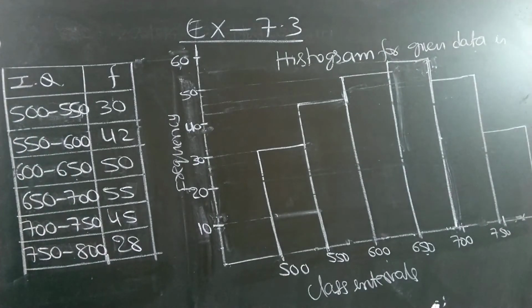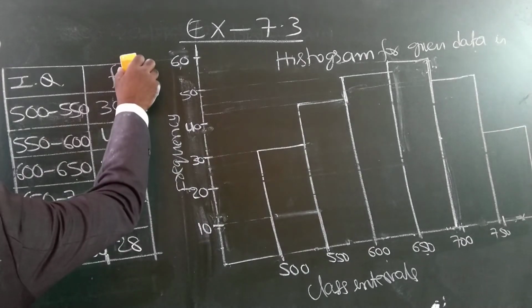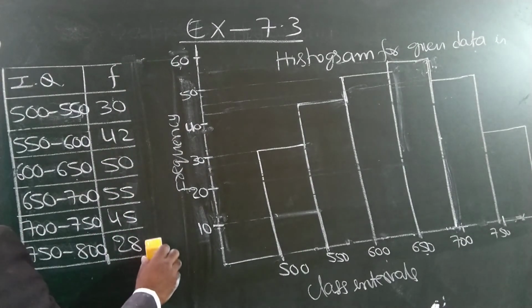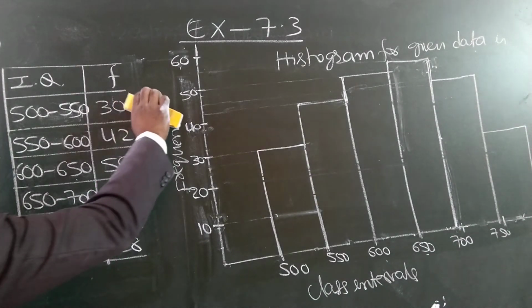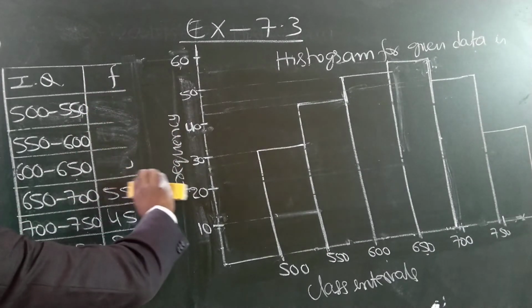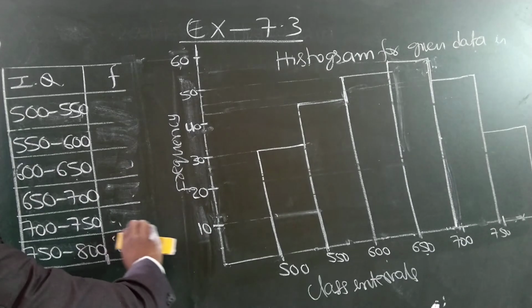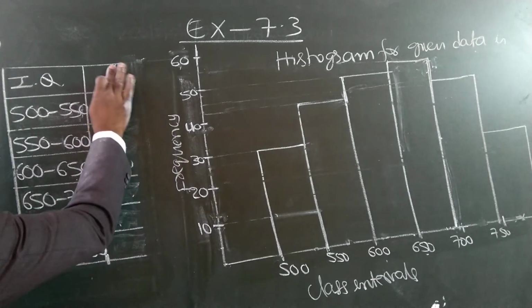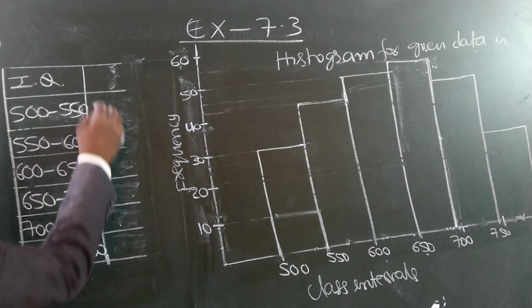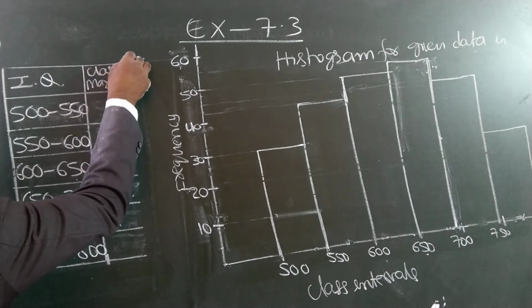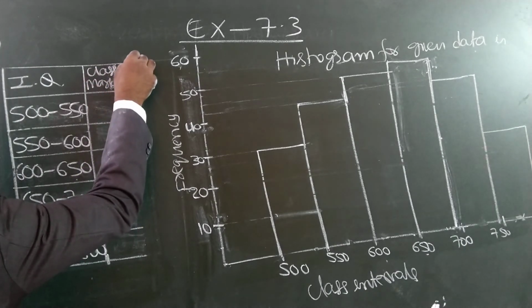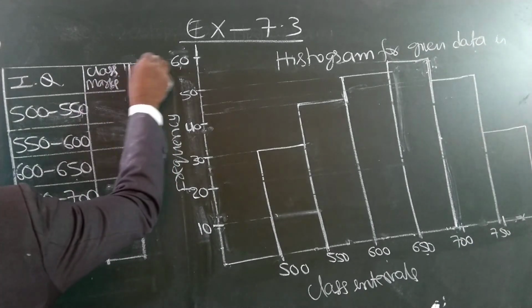For a frequency polygon, we prepare class marks. Class marks means mid value, and frequency.